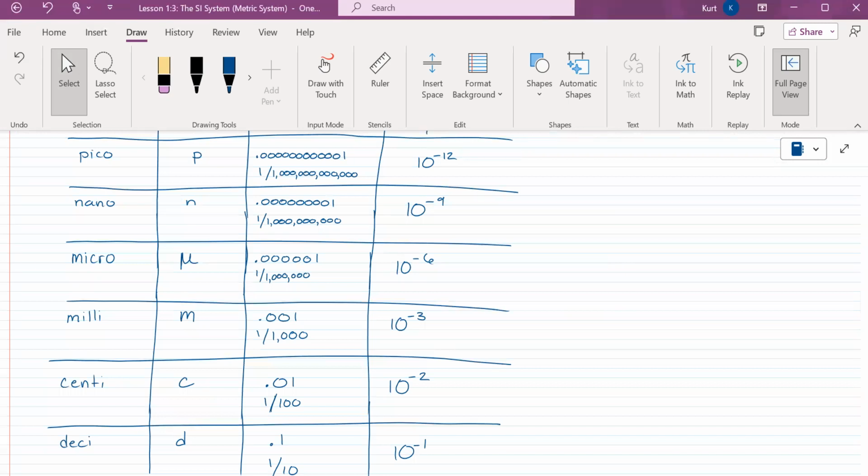How many milliliters does it take to make 1 liter? 1,000. How many picograms does it take to make 1 gram? 1 trillion. Right. How many nanometers does it take to make 1 meter? Billion.